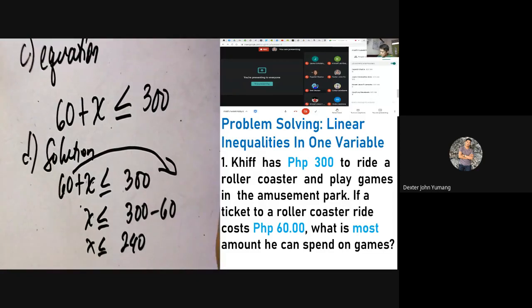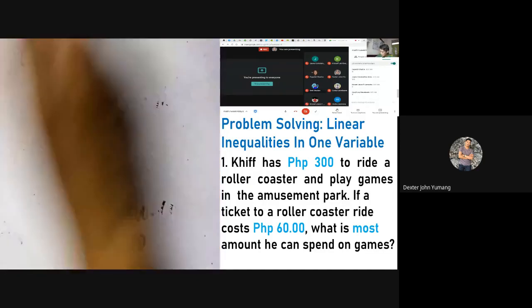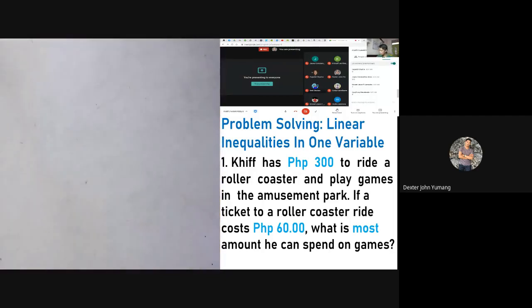So let's have letter E. Tapos na po solution pala, conclusion.